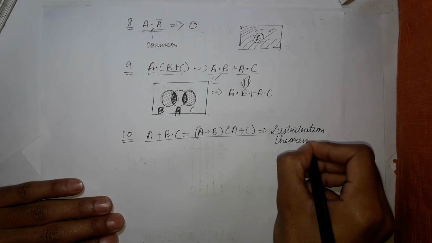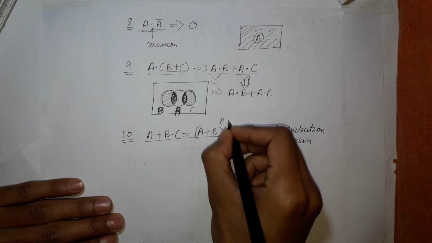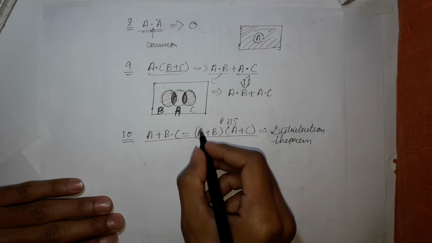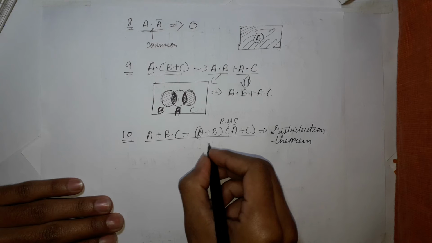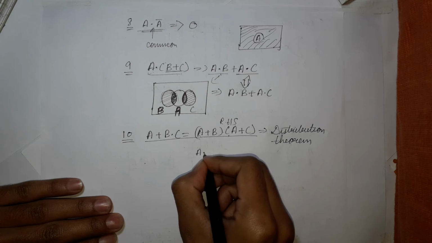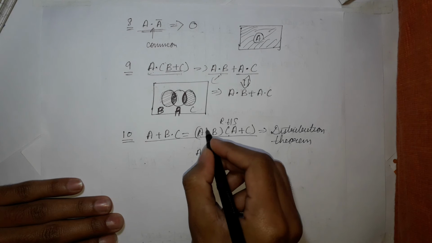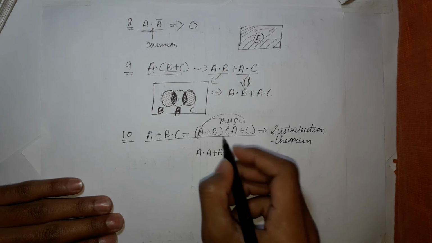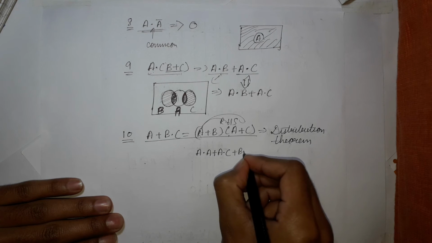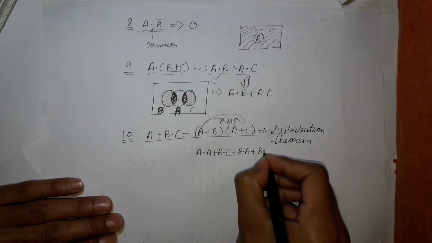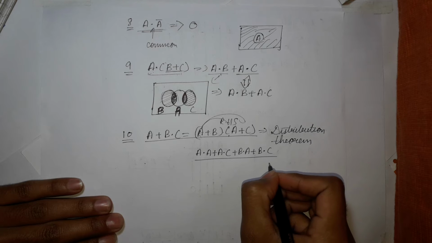Now let's see its proof. We'll start with RHS. Now first we'll distribute the operator over these brackets. So the first one will be A dot A or A dot C. Okay, this one is distributed first. Now this one, or B dot A or B dot C. Okay, we got this.